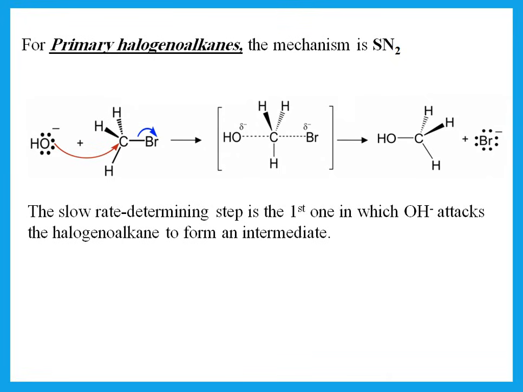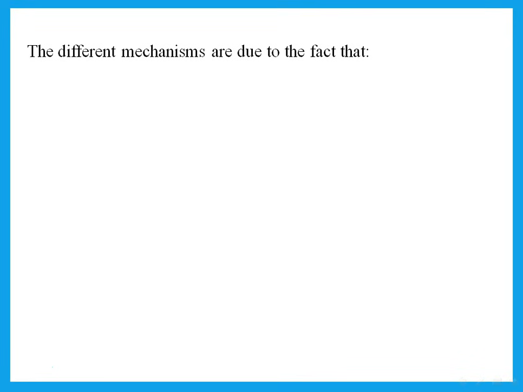In this case, the first step, which is the slow step, involves both the hydroxide and the halogenoalkane, and that means that the rate is first order with respect to both the halogenoalkane and the hydroxide.